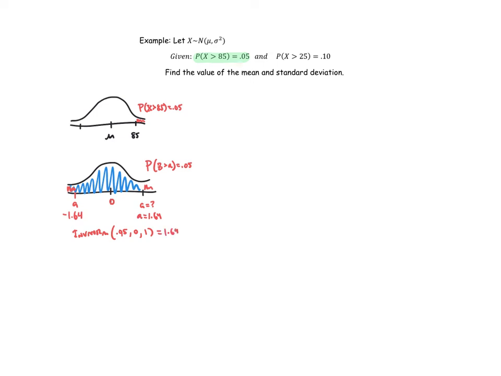Okay, so I'm going to use for the first time this idea that z is equal to x minus mu over sigma. So z, I know, ends up equaling 1.64. And actually, this wasn't exact, so I'm going to store this value.